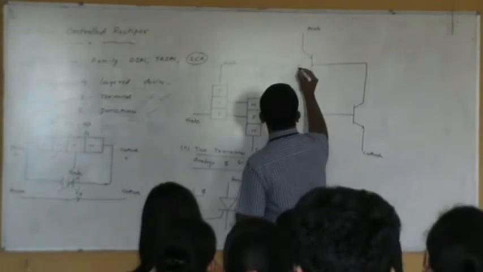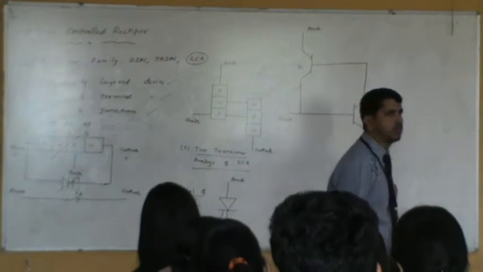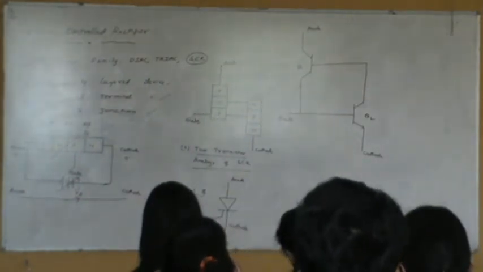Two transistor analogy of SCR. Let me call one of them Q1 and the other Q2. Did all of you understand how to write this symbolic structure?